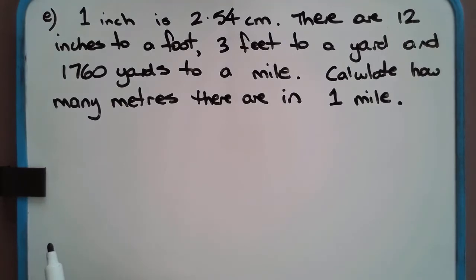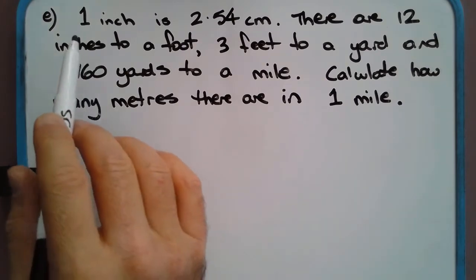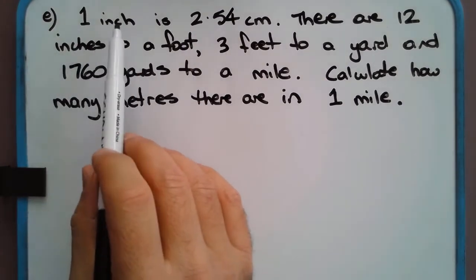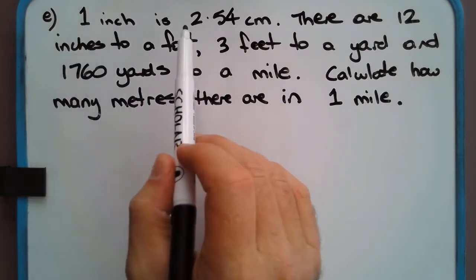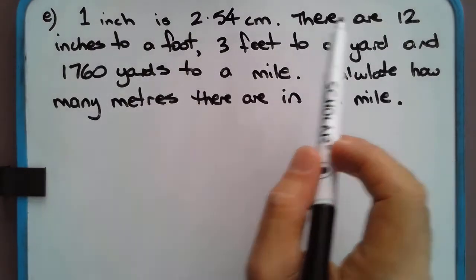So how would we do something like this? At this point, if you want, you can pause the video, give it a go, and see if you can come up with the solution. I'm going to start the solution now. 1 inch is 2.54 centimeters. There are 12 inches to a foot.